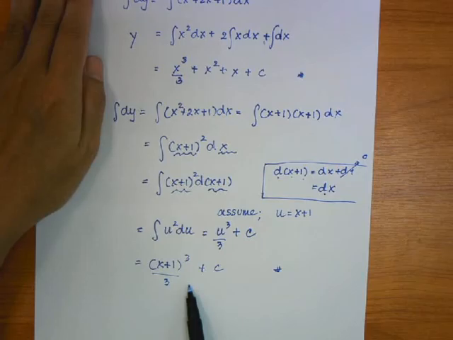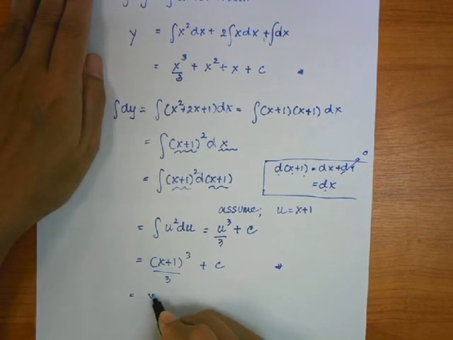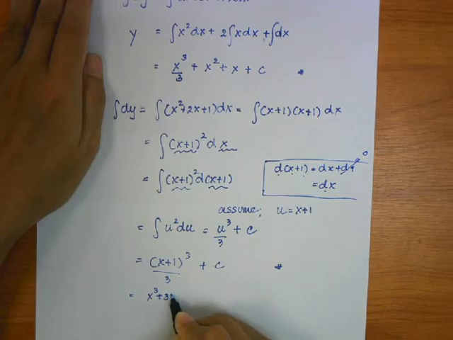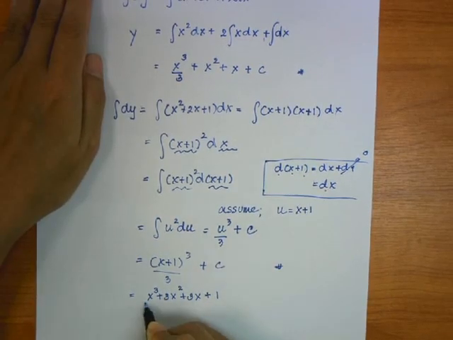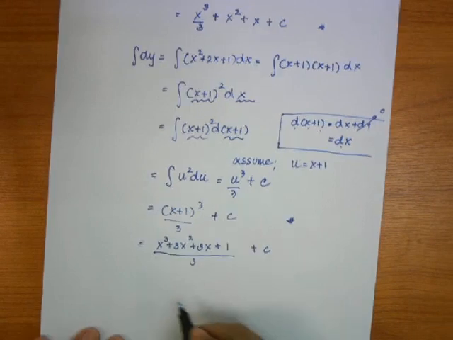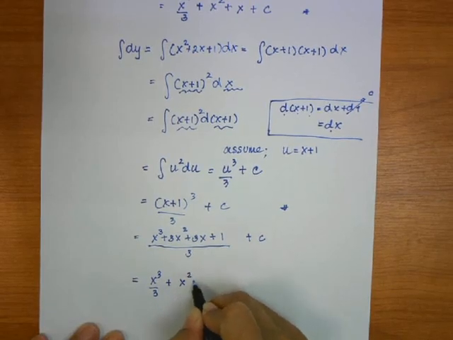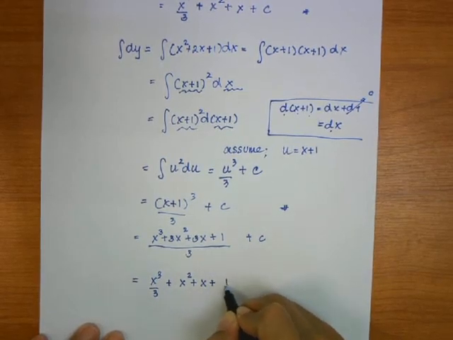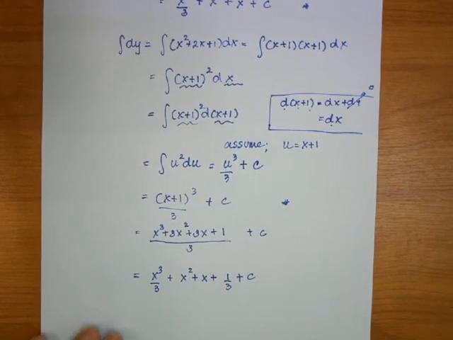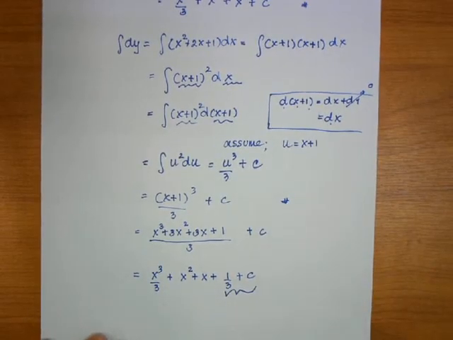Now, this one and this one are equal, in the sense that if you do the distribution of this term, you would get x to the power 3 plus 3x to the power 2 plus 3x plus 1. Now 1 over 3 and c, both of them are constant.